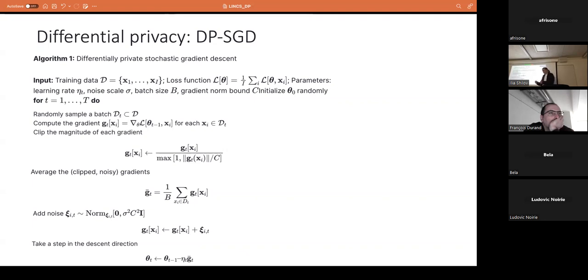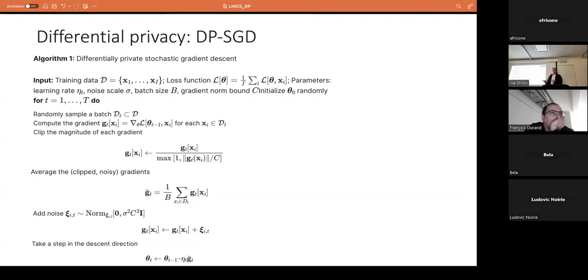The idea would be to align the noise that you add at each iteration with the magnitude of the gradient that you compute. That will satisfy epsilon-delta differential privacy. Basically you just add some noise that depends on the data at each iteration.